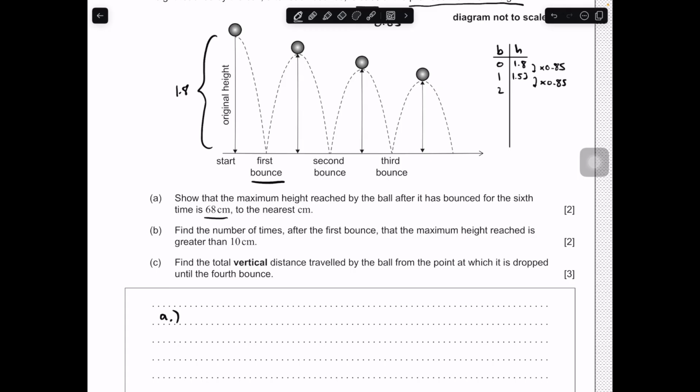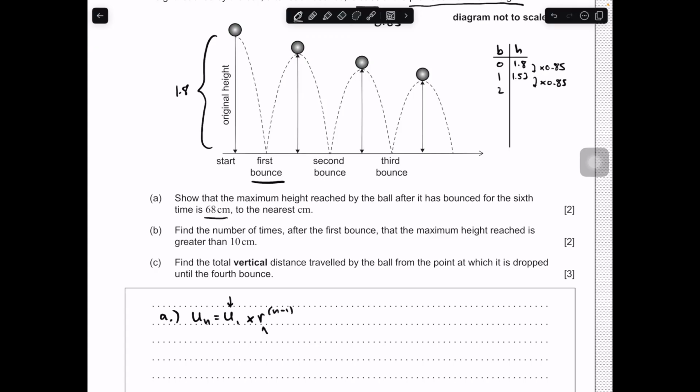Show that the maximum height reached by the ball after it has bounced for the 6th time is 68 centimeters. Our geometric sequence formula is given by u_n is equal to u_1 times r to the n minus 1. u_1 is the value of the first term, and r is the common ratio, what we multiply by to go from one term to the next.